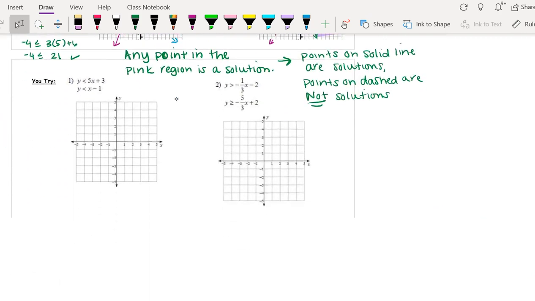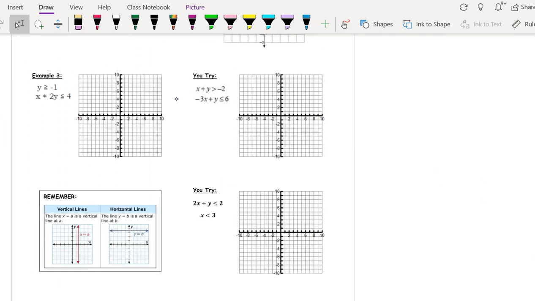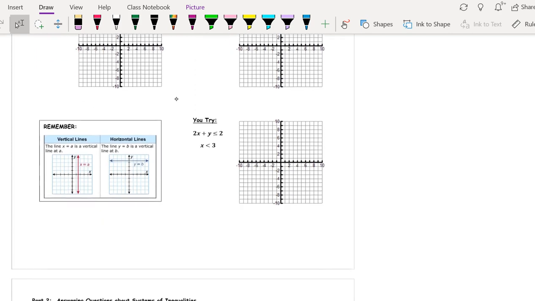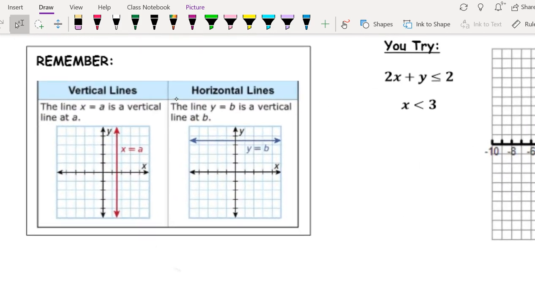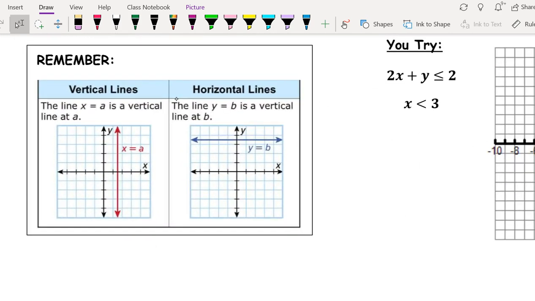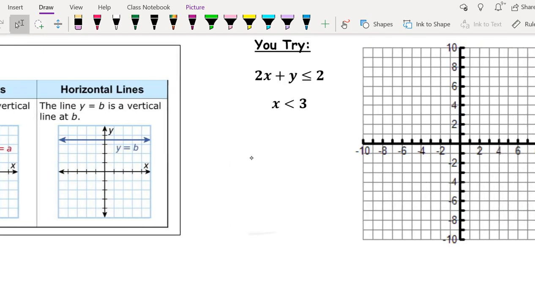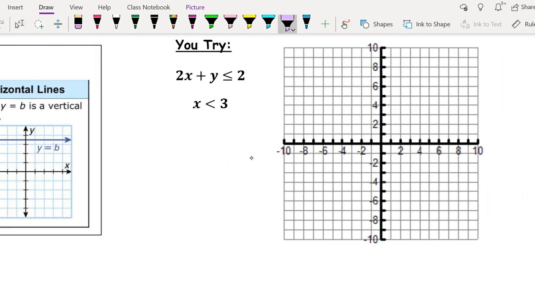We're going to skip the Try It's. Couple of things to remember that I noticed in some of your homework assignments. Remember that if I have x equals, that's a vertical line, and if I have y equals, that's a horizontal line. So if I'm looking at x is less than 3, this is an x equals, so this needs to be a vertical line through 3.